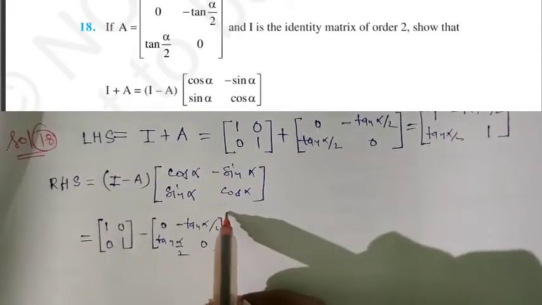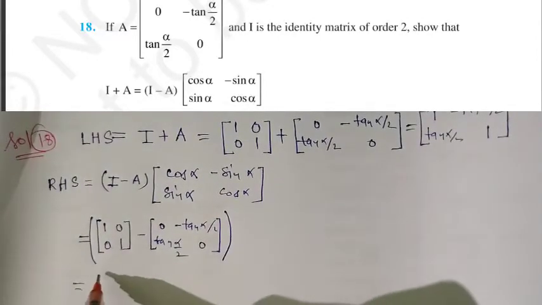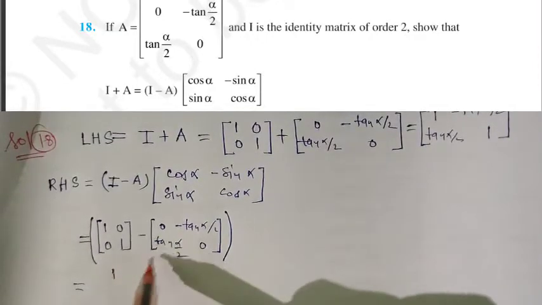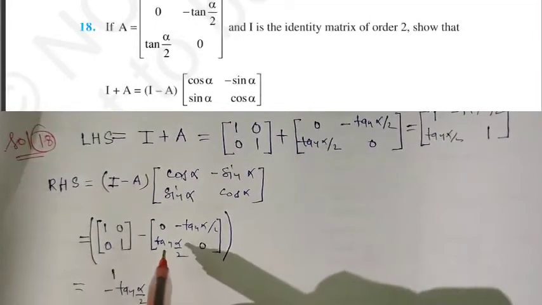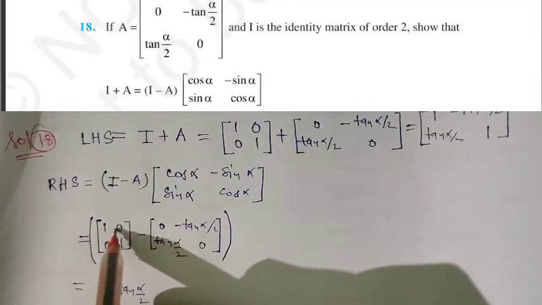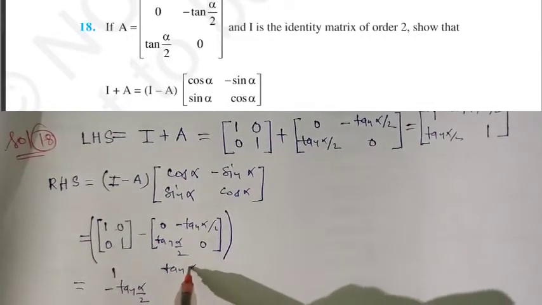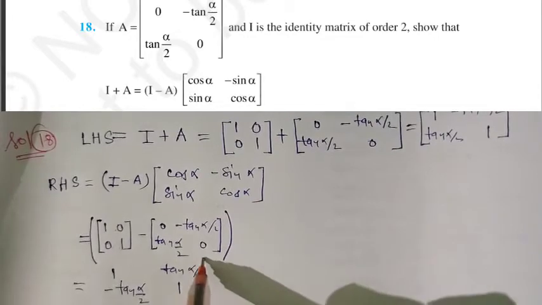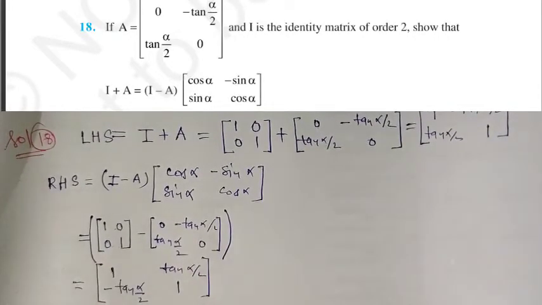If we subtract these two, we get 1 minus 0 is 1, 0 minus minus tan alpha by 2, that is plus tan alpha by 2, and 1 minus 0, that is 1. So in that way we have got this matrix.